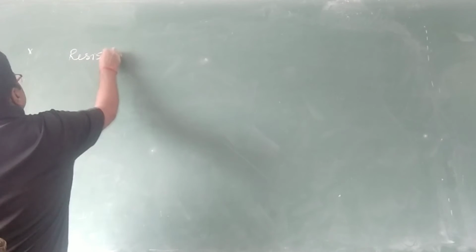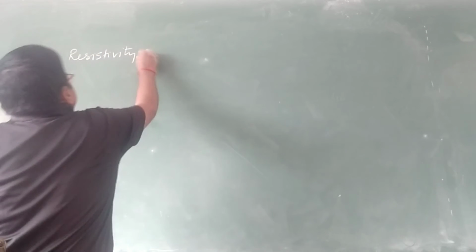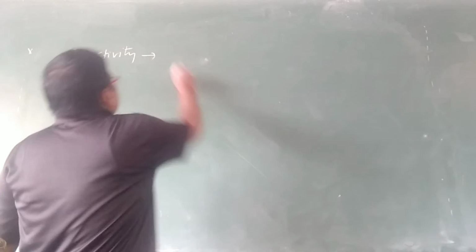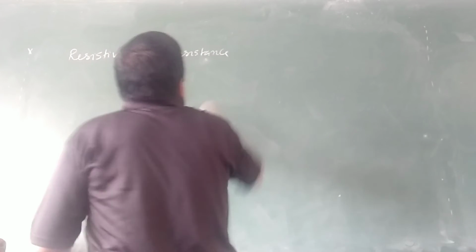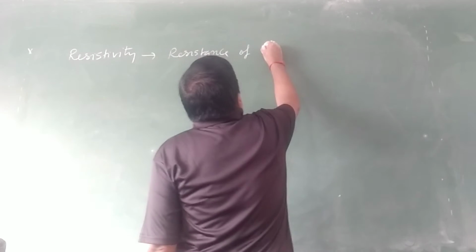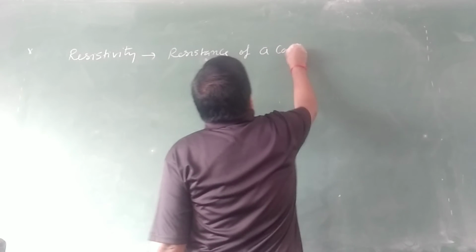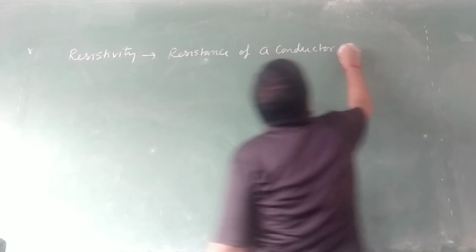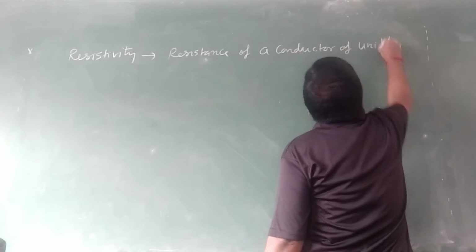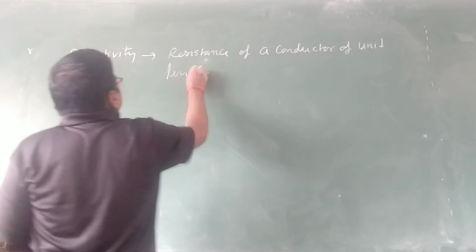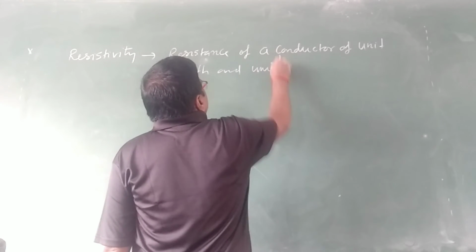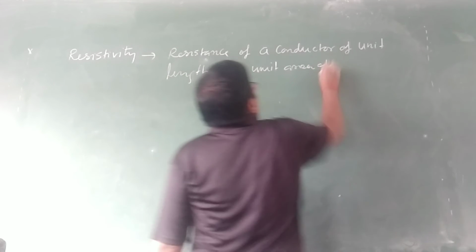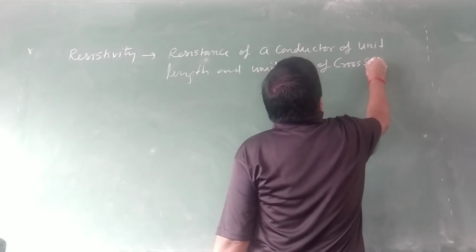Now come to the resistivity. Resistivity is nothing but the resistance of a conductor of unit length and unit area of cross section.